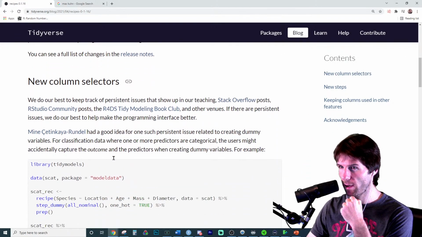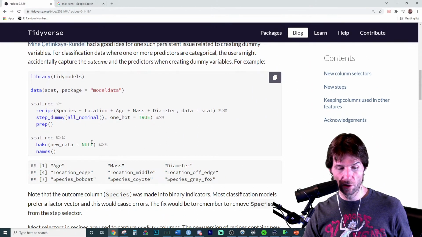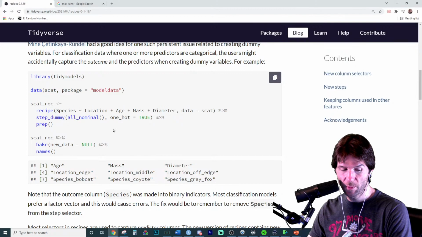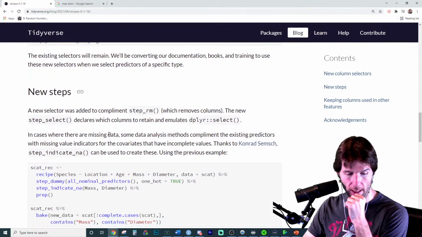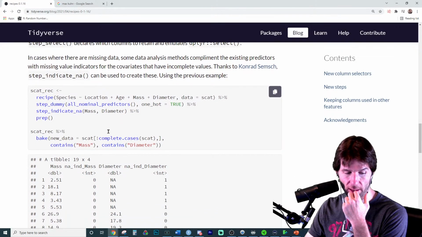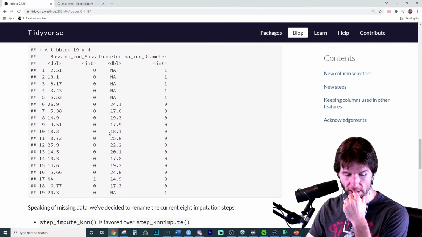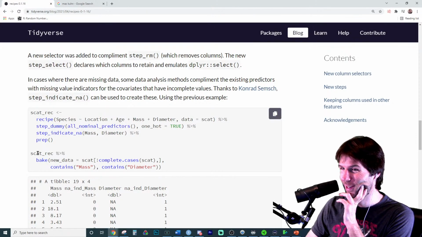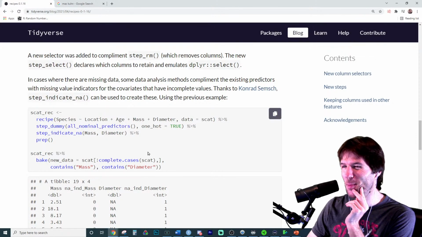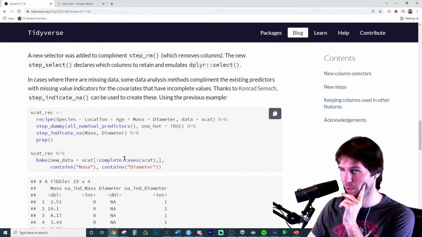This is recipes right here, and so what people do is they write the recipe to create all their models, and we really should start incorporating this right here. Looks like he's doing a stepwise. You actually bake it. This is what nerds do. I mean, I'm a nerd, so. And they're using the complete, always not complete cases.